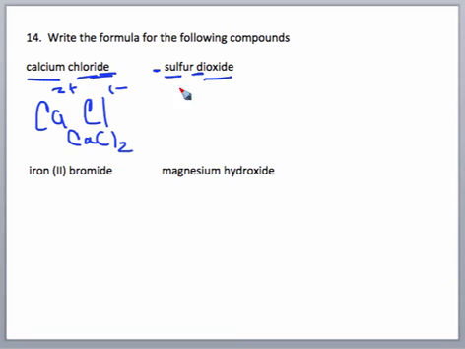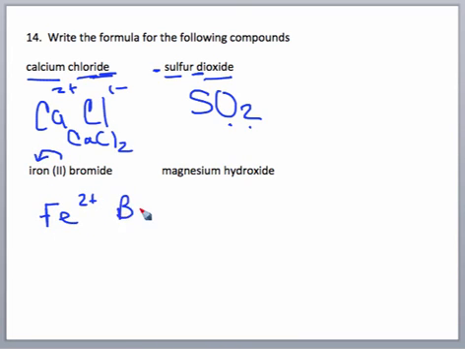There's no prefix in front of the first one, so we know it's 1. Di means 2. Sulfur dioxide. The Roman numeral here is the charge, so it's iron with a 2 plus charge. Bromide, IDE ending, crisscross, 2 goes there, 1 there.